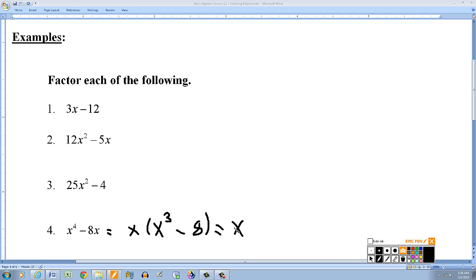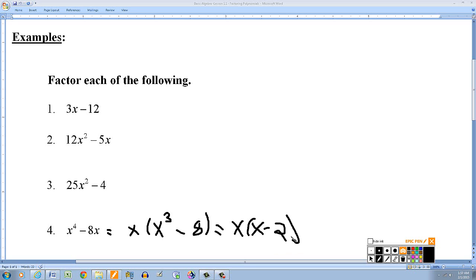So based on the formulas that I went over, this should factor into the difference. One factor will be the difference of the cube roots. So the cube root of x to the 3rd is x, and the cube root of 8 is 2. Okay, so that's the first factor of x cubed minus 8.